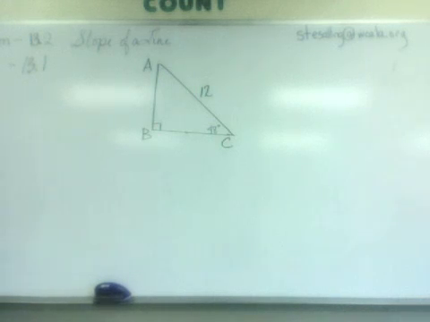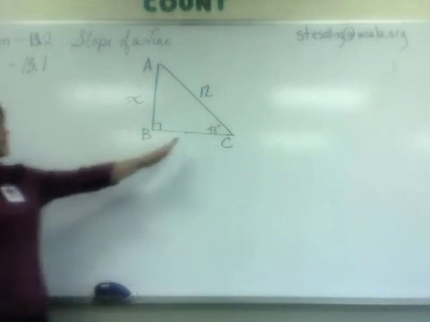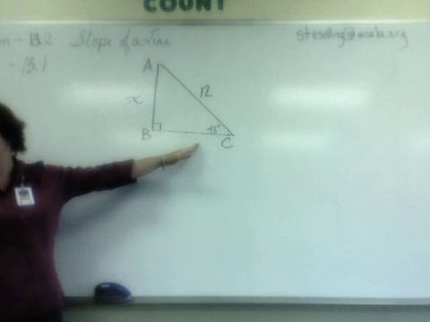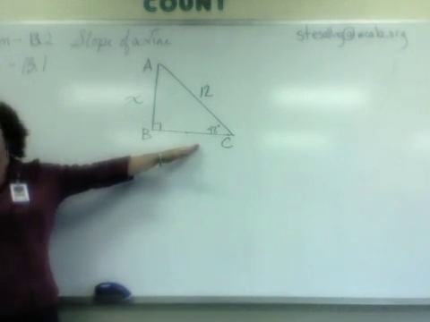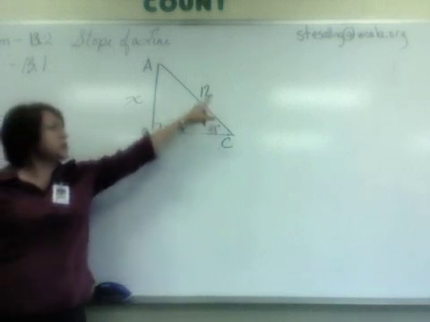And I ask you to find the length of AB, and we'll designate that as X. Well, we can't use the Pythagorean theorem because I don't know what to square here to set up and make my equation work. But I can use my trig functions because I know one angle and one side.